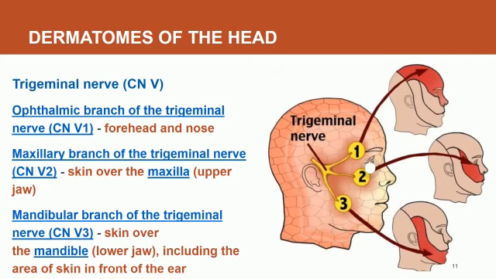It also supplies the palate, superior part of the throat, and most importantly, you have to remember it also supplies the maxillary, ethmoid, and sphenoid sinuses. The mandibular branch supplies skin over the mandible, as the name indicates, lower jaw, inferior teeth and gums, and angle of the jaw and skin in front of the ear.